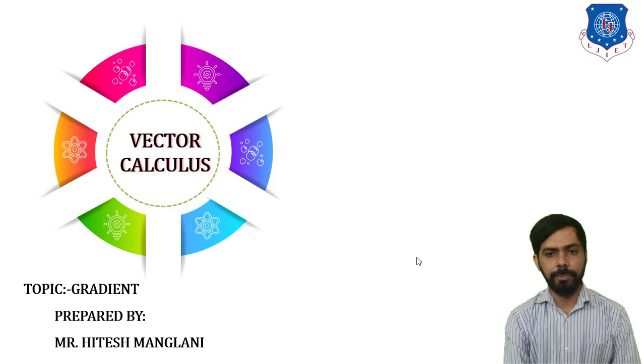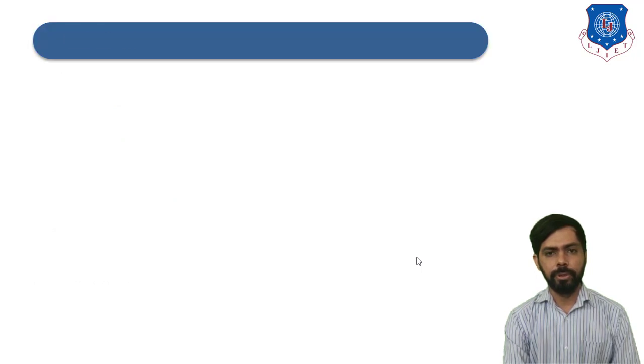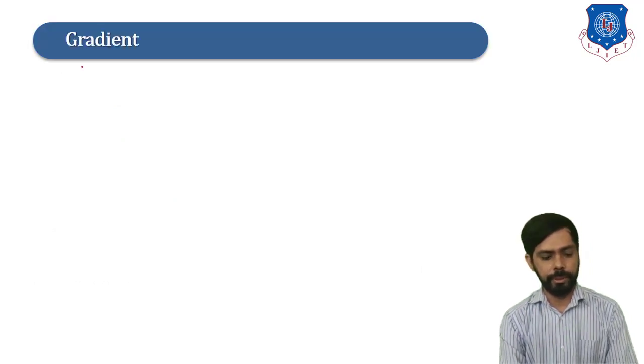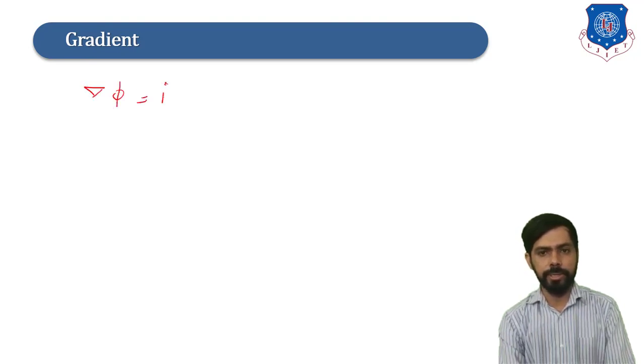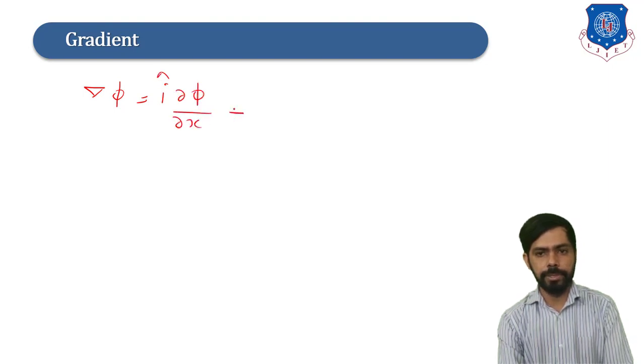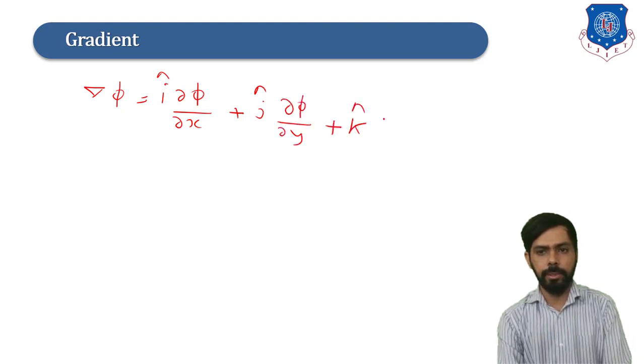So let's start. First of all, what is the meaning of gradient? The gradient of scalar point function phi is defined by grad phi, that is i del phi by del x plus j del phi by del y plus k del phi by del z.